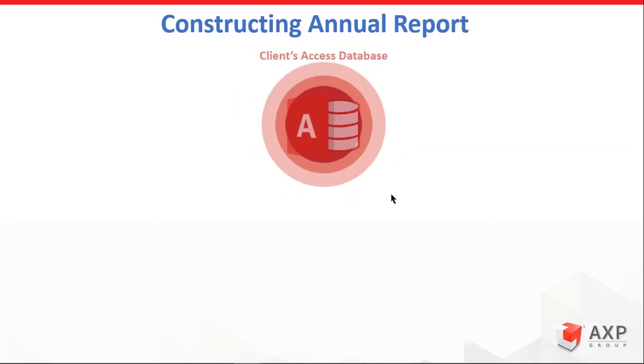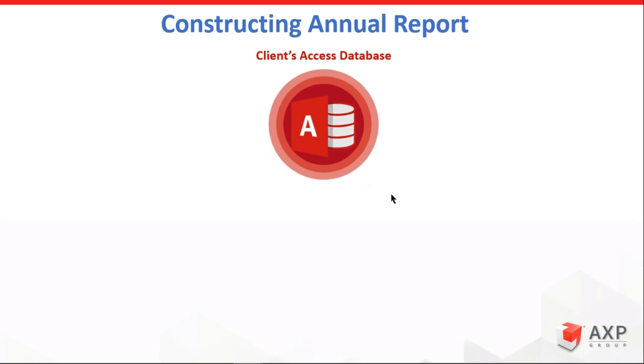If you want to use Audit Express to prepare this annual report, first of all, you will need to have this Access database. Still remember, on day one I introduced you: when you want to start to use the software to do these audit engagements, you will need to have this client's individual file.